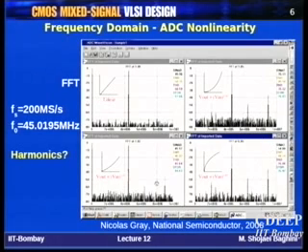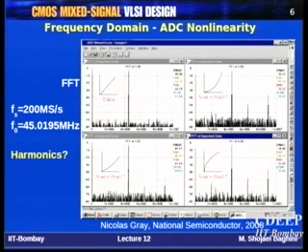Now one interesting point is here. Suppose you have a sampling rate of 200 megasamples per second, just to get an idea of the nonlinearity or harmonics in the sampled signal. You have a single tone right now, not two frequencies, so we are not looking at intermodulation, but it's the same nonlinearity.